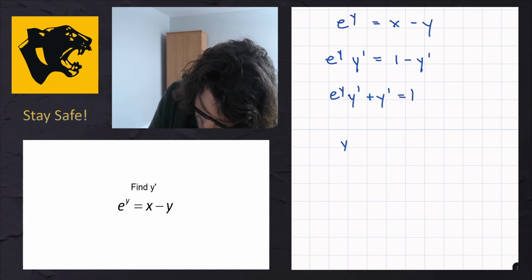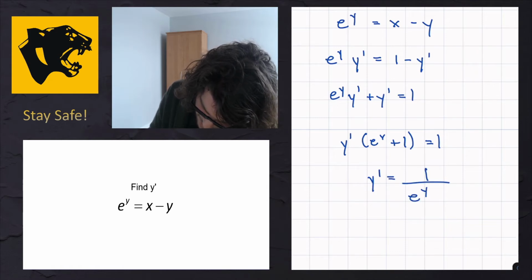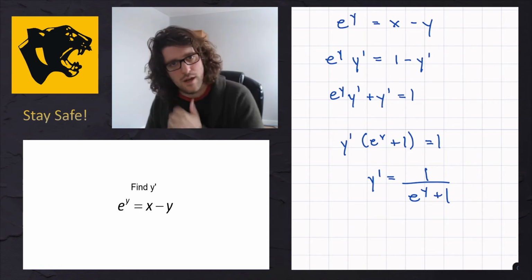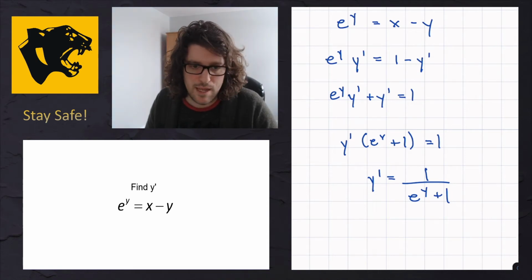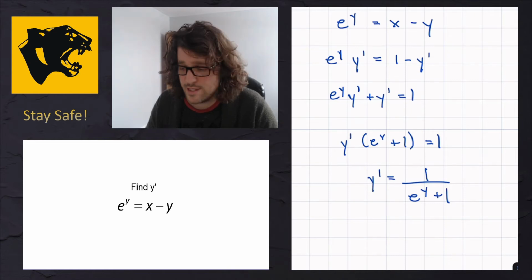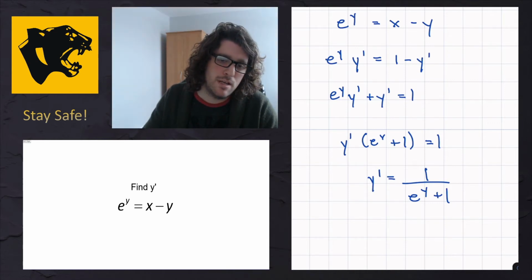Factor out the y prime and get y prime times e to the y plus 1 is equal to 1. And finally, y prime is equal to 1 divided by e to the y plus 1. All right, so again, just being able to use the e to the x derivative being e to the x inside of an implicit case.